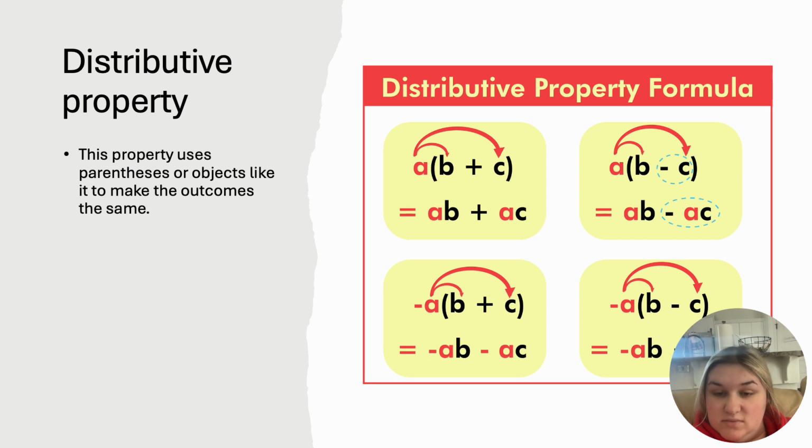And then to the right, you have A times B, and then you would have A times C, but because it is subtraction, the outcome would be A times B minus A times C. So you would take those two, and that would give you your answer. And so on and so forth with the bottom two.